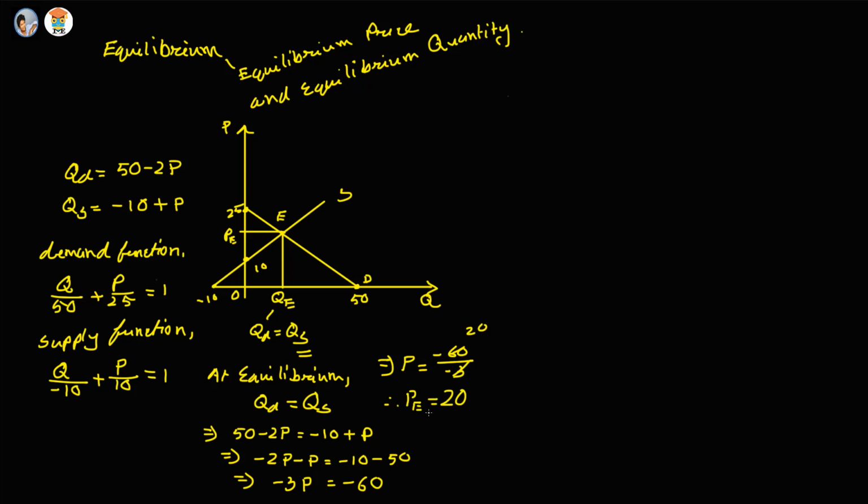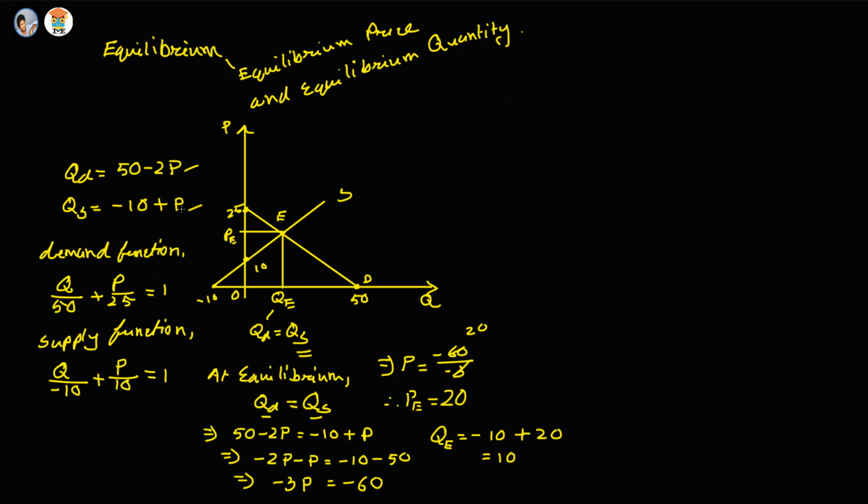Why is this equilibrium price? Because at this price, quantity demand is equal to quantity supply. Now, if we put the value of equilibrium price in this function or in this function, we can find out equilibrium quantity. So, equilibrium quantity QE will be equal to minus 10 plus 20, or 10.